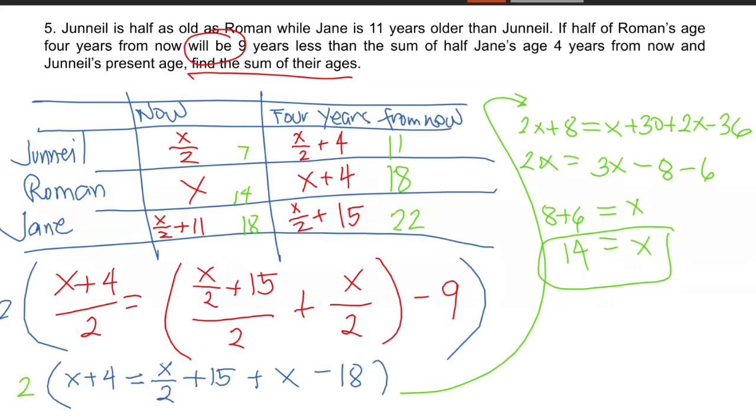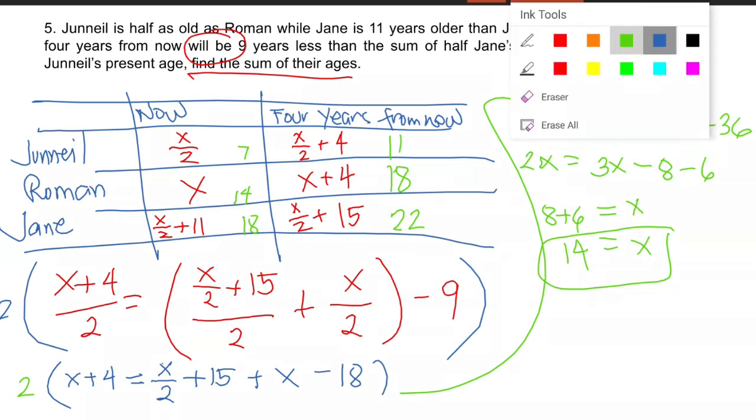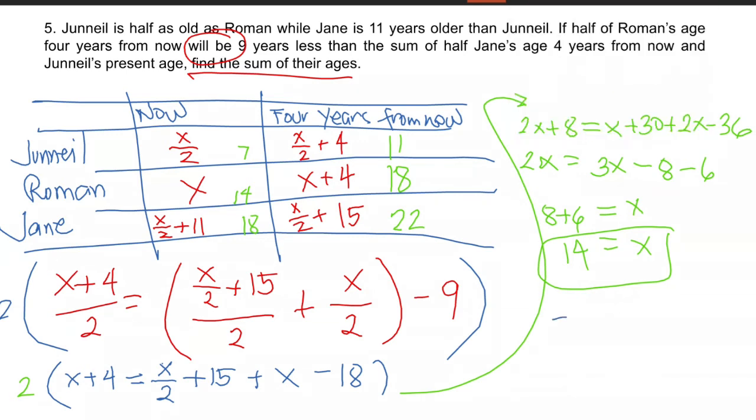But we're not yet done with our problem because the problem asks us to find the sum of their ages. Therefore, if we add their present ages, we will get 7 plus 14 plus 18. That gives us 39, and this is the final answer.